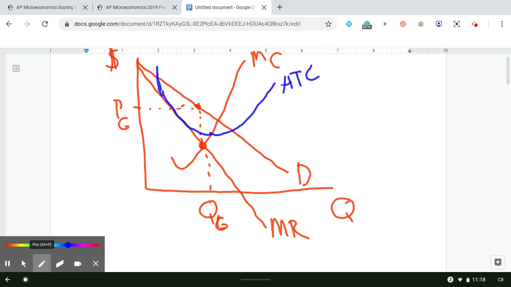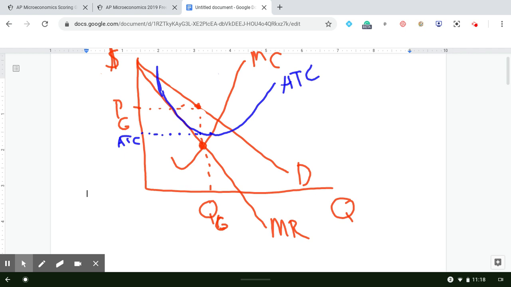Again, I don't have to draw this, but I'm going to draw it anyway. ATC would be right here, which means the price is greater than ATC. That means that we have positive economic profit. I couldn't have drawn it up here because that would have been negative profit. So as long as it's anywhere below the price, we're fine, or where the quantity would intersect below the price.